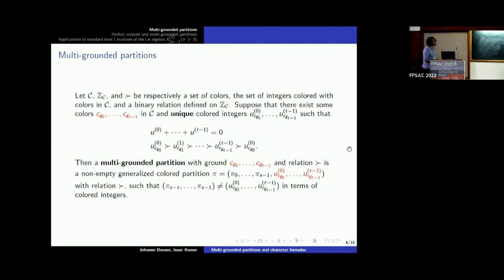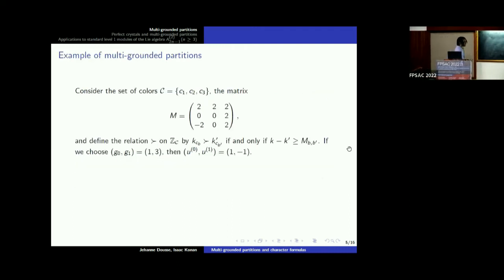Okay, so an example for the multi-ground partition. You consider these matrices, and you suppose that you have 3 colors, and you suppose that 2 elements are well ordered if the difference between the integers is greater than the quotient in these matrices. So the B is for the row, and the B prime is for the column.